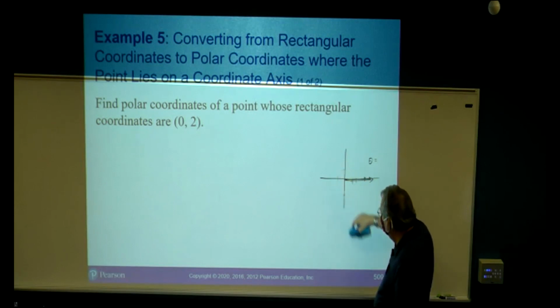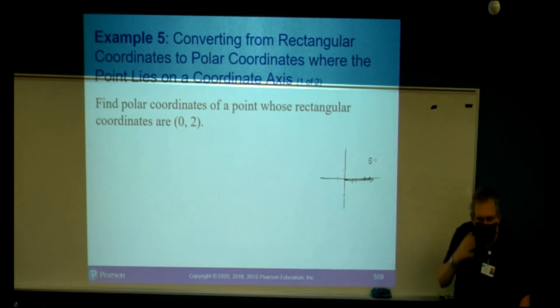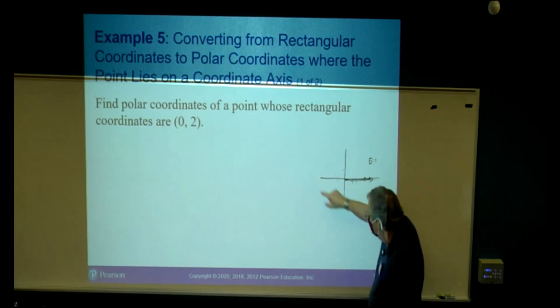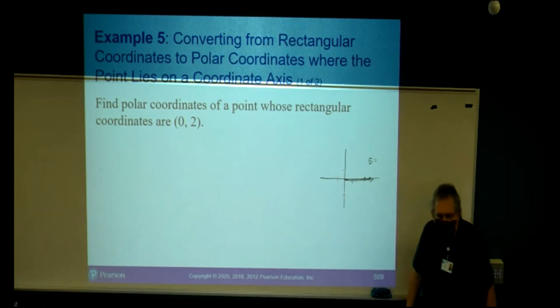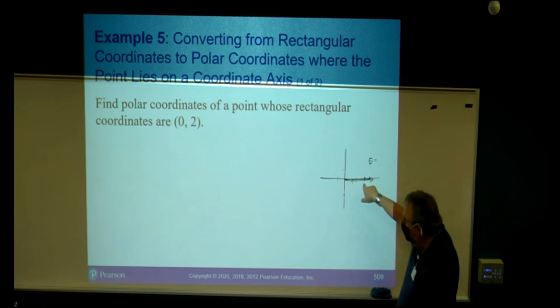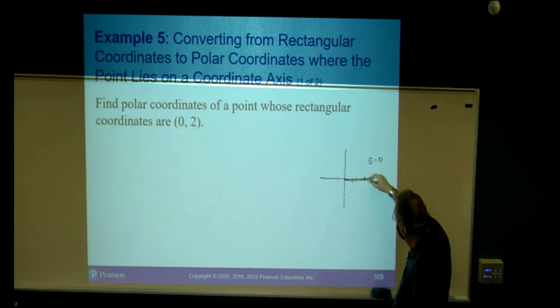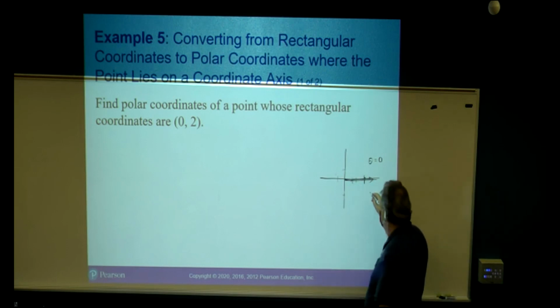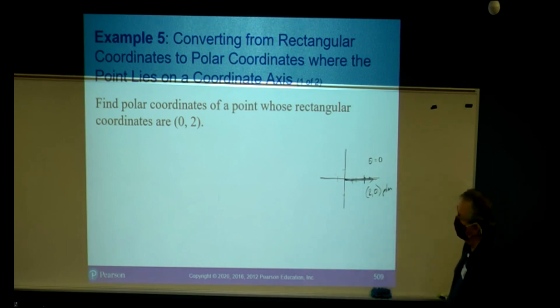It's one of the quadrantal angles. You have 4 quadrantal angles: this angle here, this angle up this way, this angle that way, and this angle down this way. This is 0 degrees or 0 radians. So theta in this case is 0, and how far do we go along that ray? 2. So in polar coordinates, it's the point 2, 0.